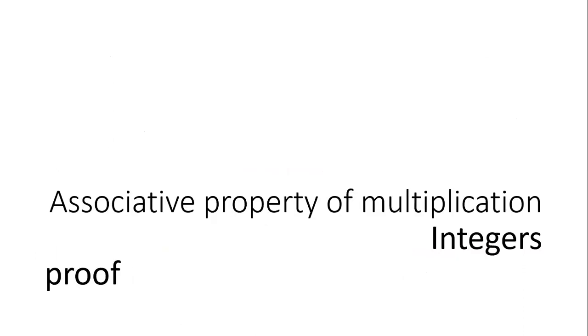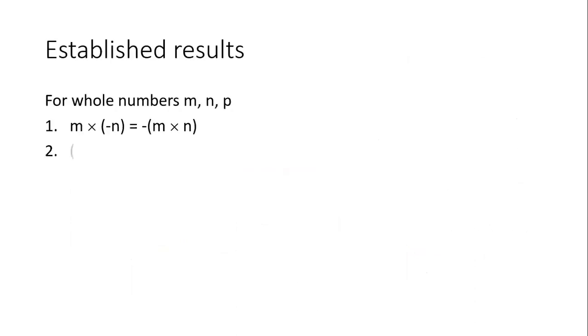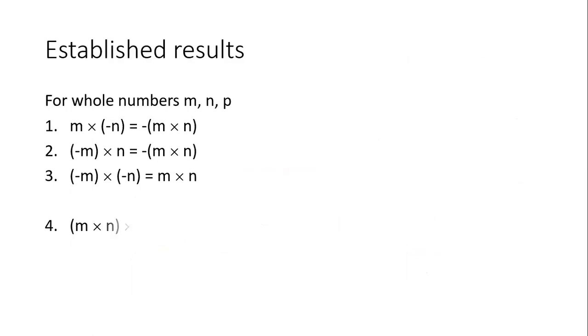So, associative property of multiplication. Again, proofs using similar ideas. The results are the same, except for the fourth one, which is now the associative property for whole numbers. The first three are identical to the previous one.